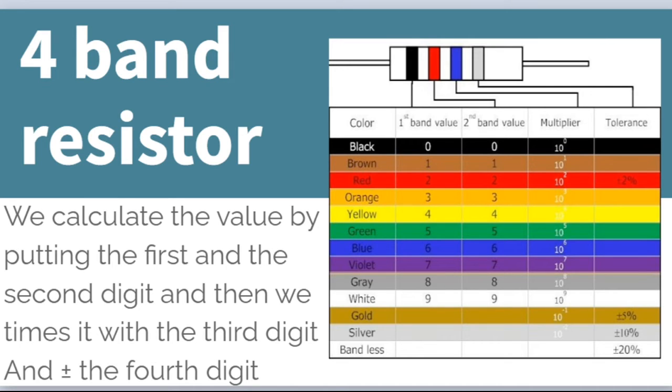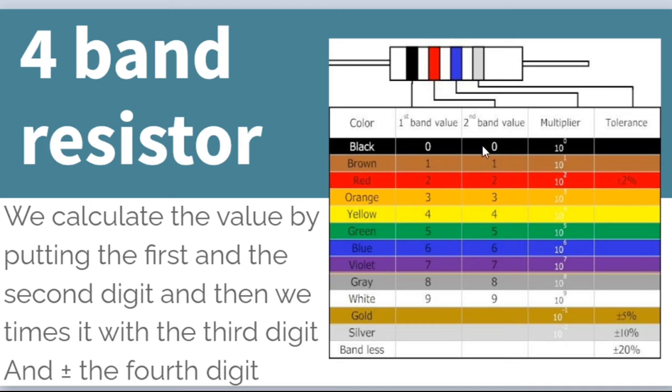So this is the table that we are using to calculate the value of the resistor. If we have a 4-band resistor, this 4-band resistor has 4 colors, okay? For each color, there is a value. For example, the value of black is 0. At the first band, the value of black is 0.